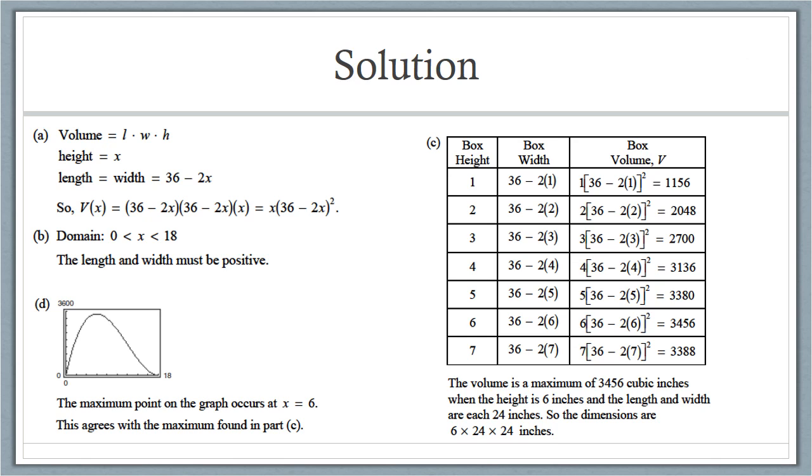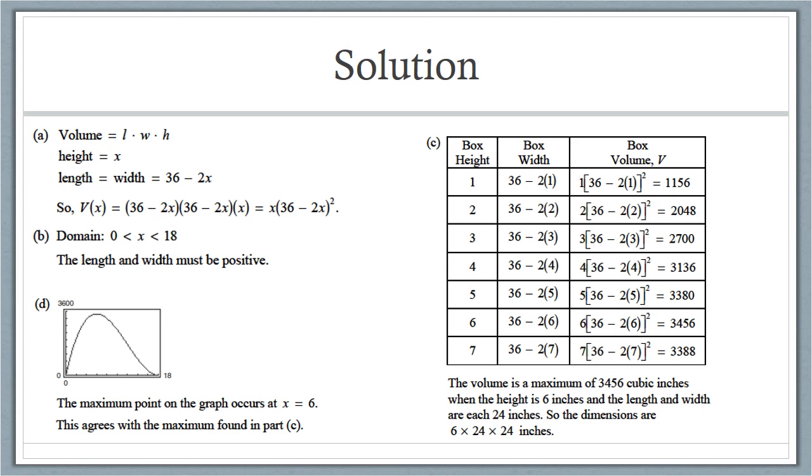Okay, so for part C, we have to look over to the right here. And we've got a table with heights from 1 through 7, with the width and the volume, and you can look at that and see that the values go up until we get to, let's see, about 6 inches.